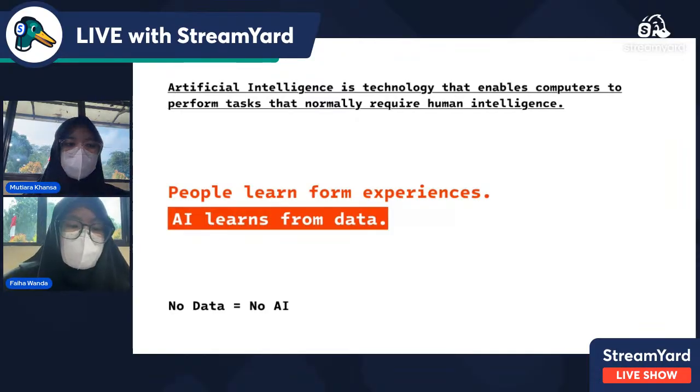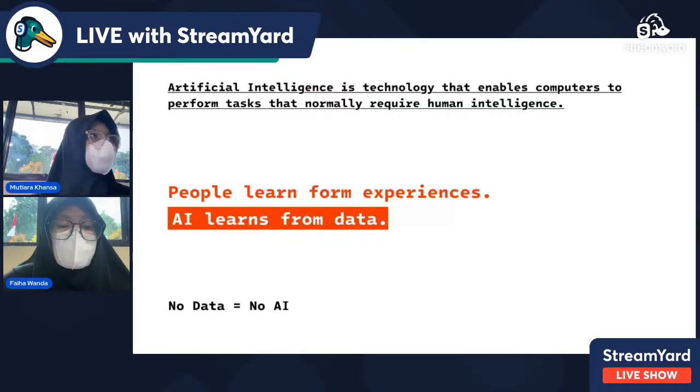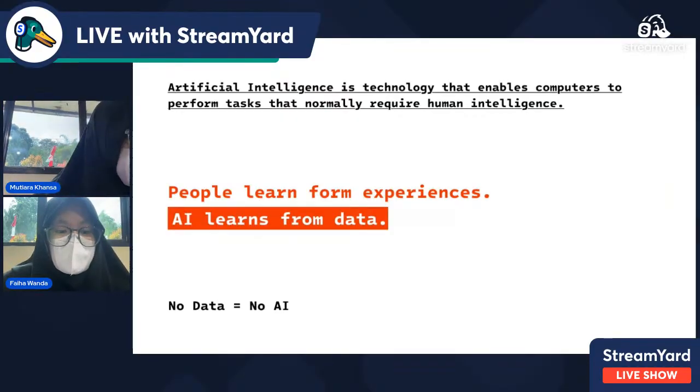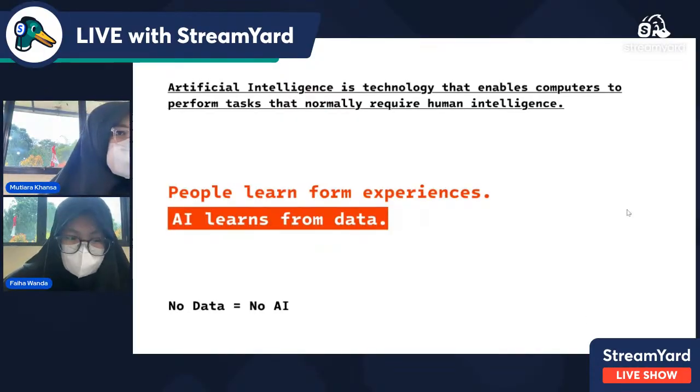Okay, I have a simple way to understand it. People learn from experience. AI learns from data. The more experience people have, the smarter they become. In the same way, the more data AI learns from, the better it performs. That's why a famous saying in AI is: no data, no AI.